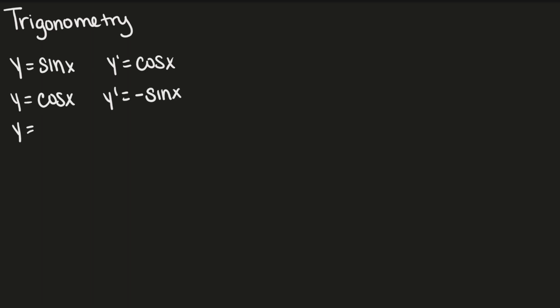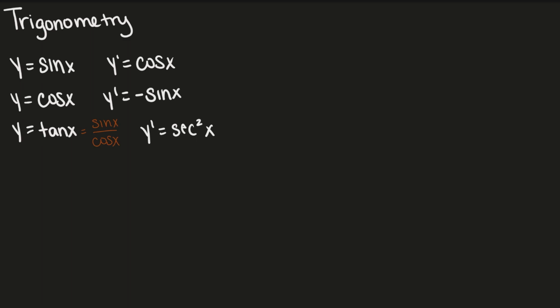And when y equals tangent x, remember this is equal to sine x over cosine x, so we can use the quotient rule to solve this, but when we do that, we find that y prime equals secant squared x.